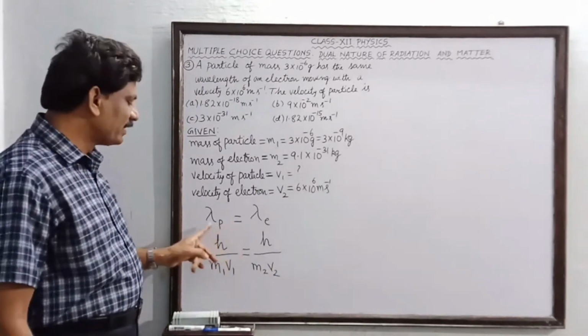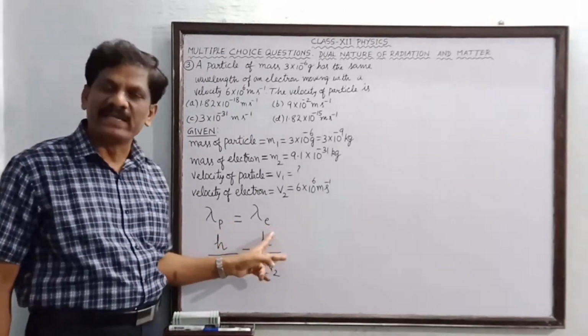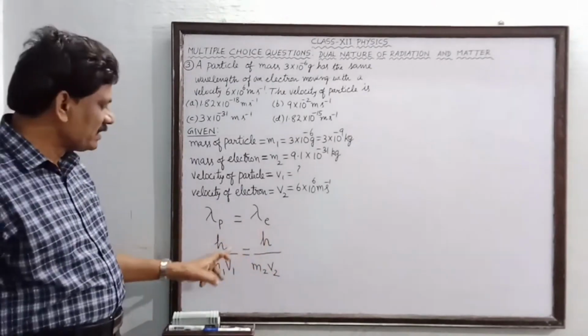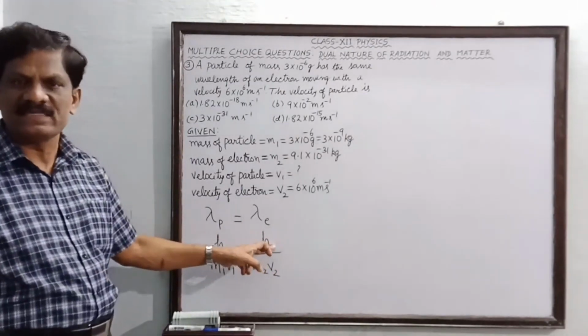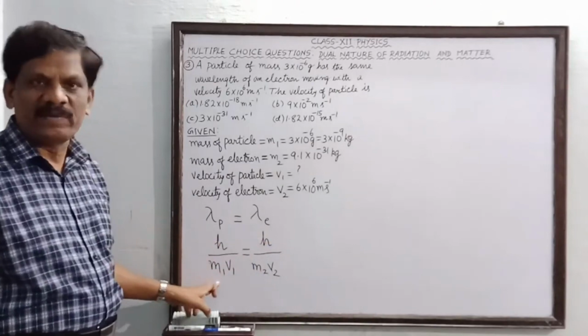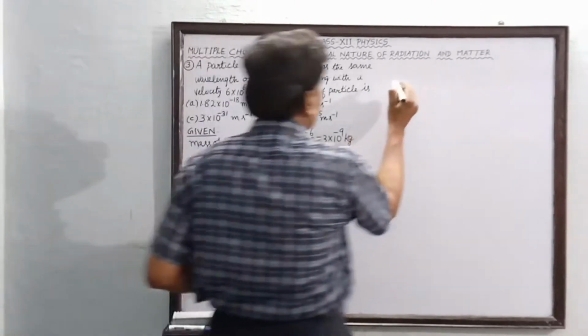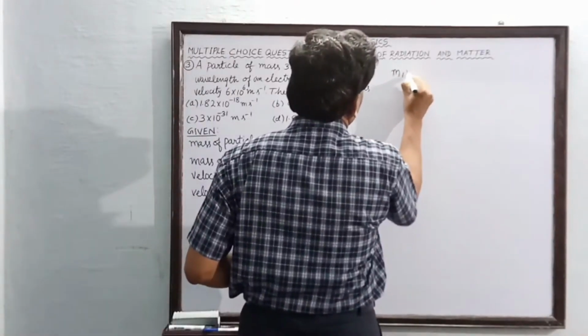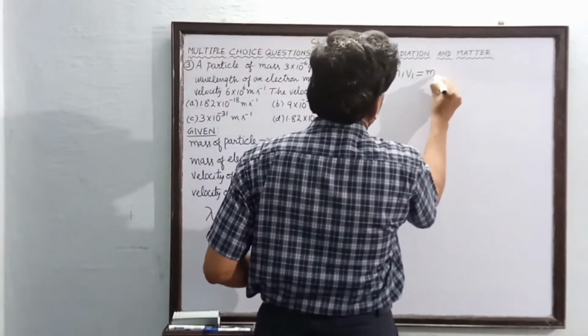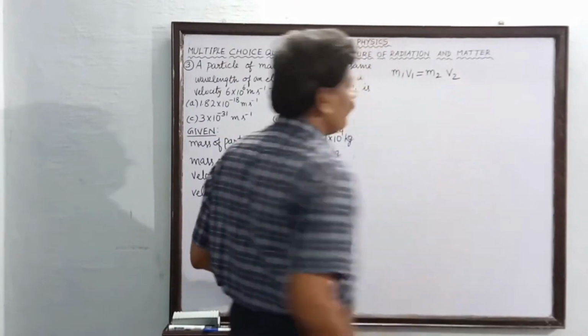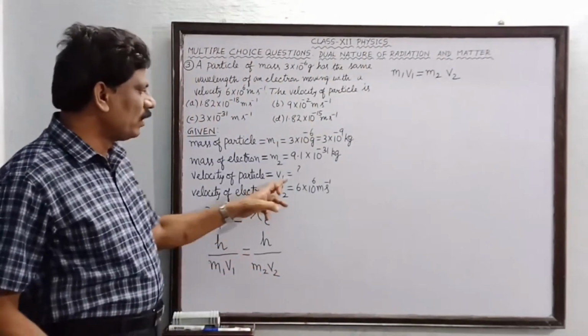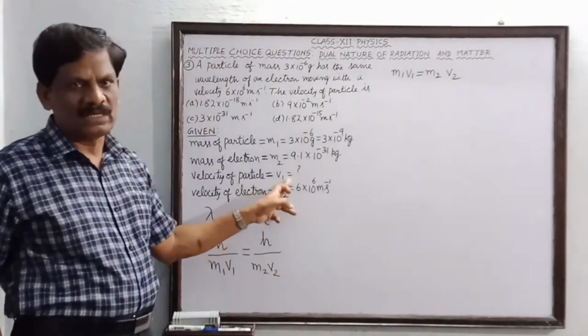The de Broglie wavelength of the particle is equal to the de Broglie wavelength of the electron. So h is Planck's constant, on both sides it gets cancelled. Therefore, shall we equate m1 v1 is equal to m2 v2? Okay. So I am going to equate here. So m1 into v1 is equal to m2 into v2.